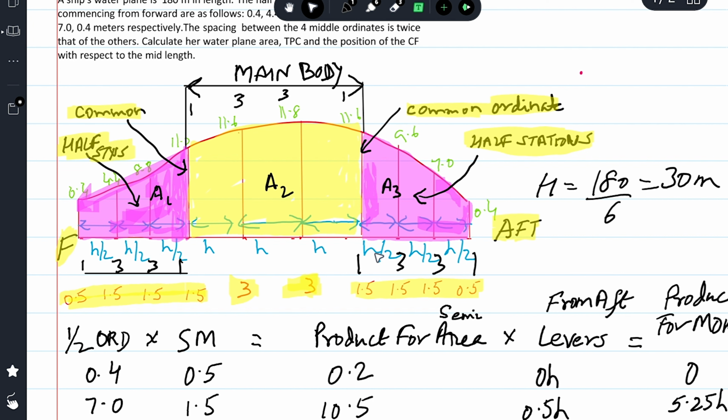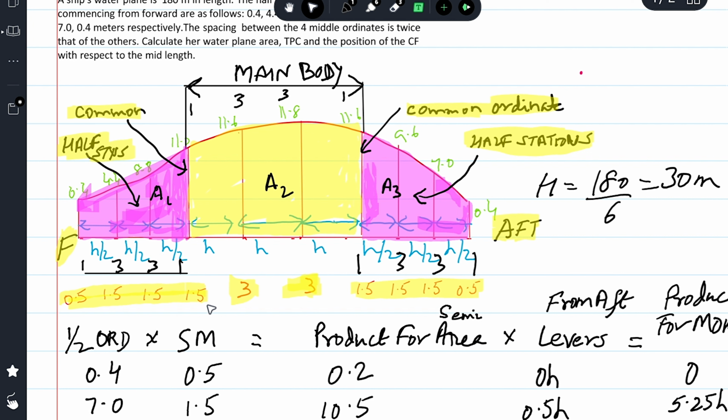Now I come to the middle section where the interval is complete H. No change here. 3 will remain 3, 3 will remain 3. Now I come to the forward part, where the ordinate which is dividing the forward half area from the main middle body will again become 1.5, because this is the common dividing ordinate between the half station and the main body.